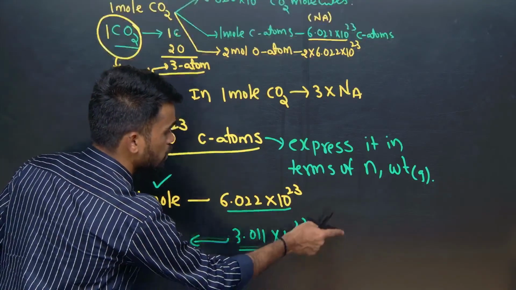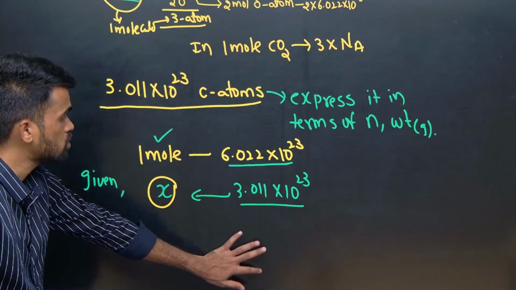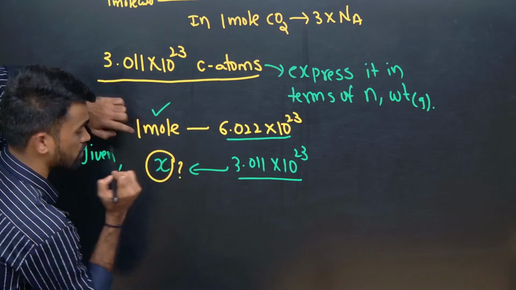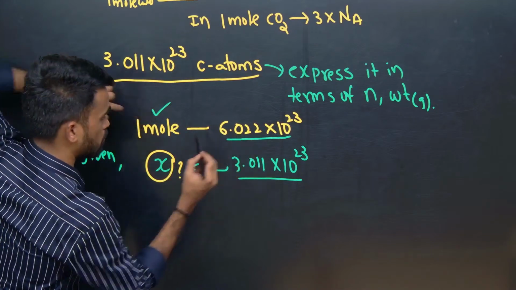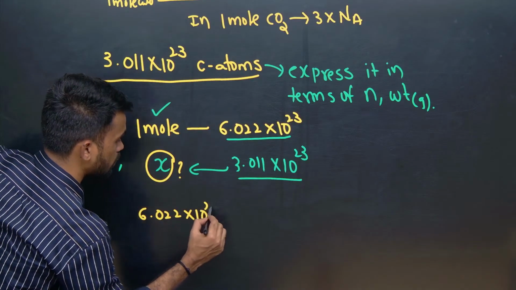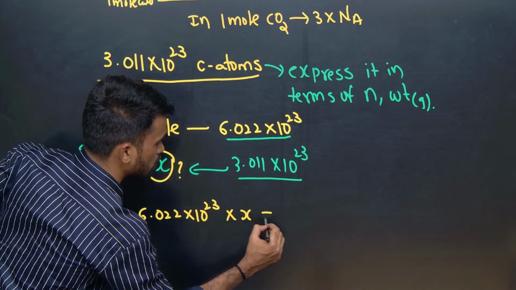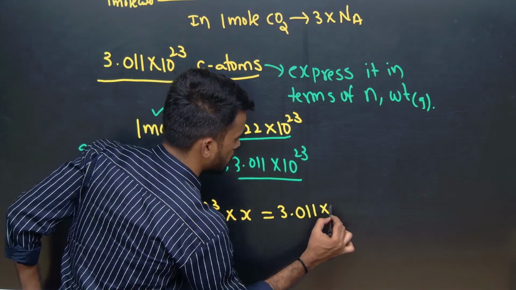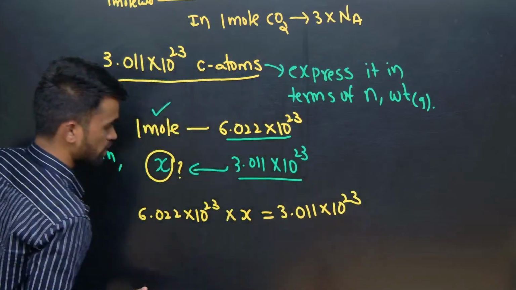So we can use here something called the unitary method. Multiply X, which we need to find, by this number: 6.022 × 10^23 × X equals 3.011 × 10^23. So we can find X now.